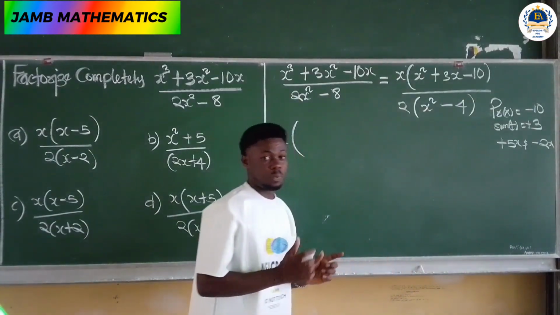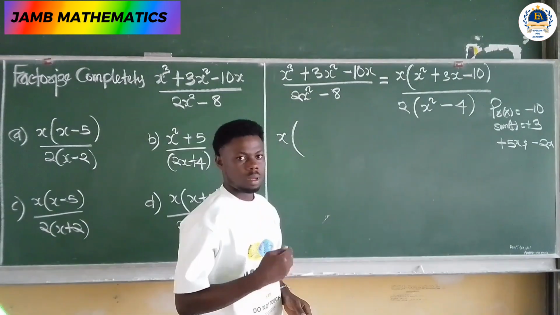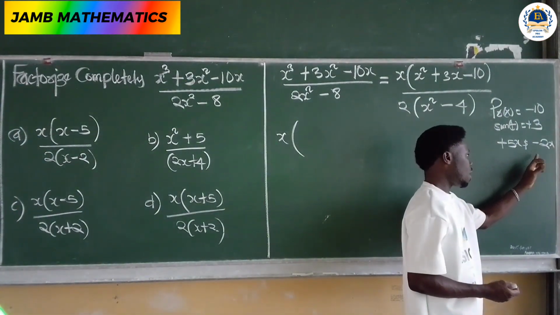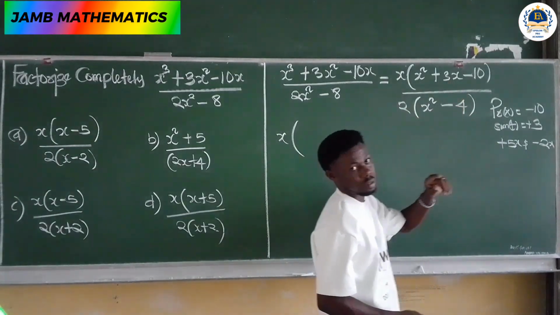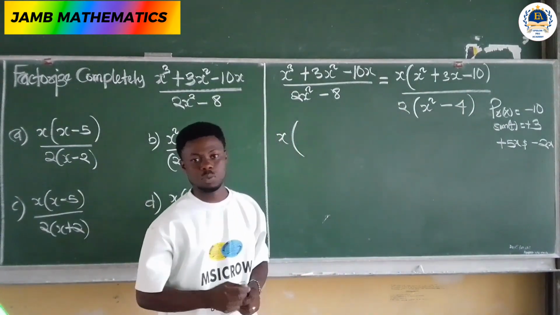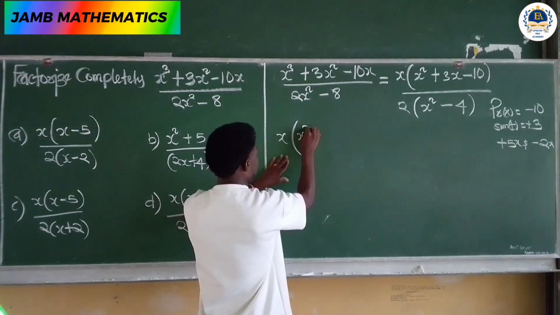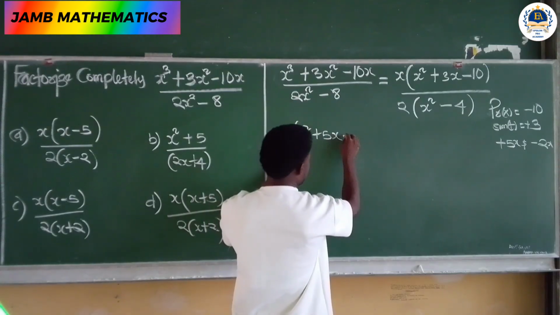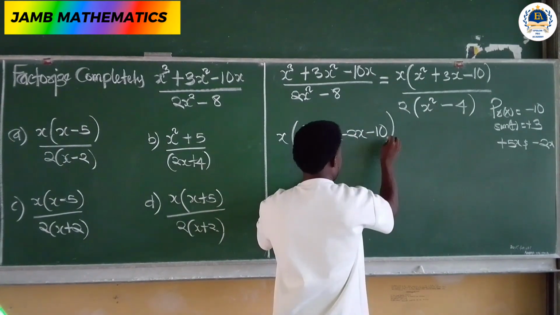Using the principles of the factorization method, the video is already on our page. Now we substitute plus 5x and minus 2x for plus 3x, so plus 3x is eliminated. By doing that, we obtain x squared plus 5x minus 2x minus 10.